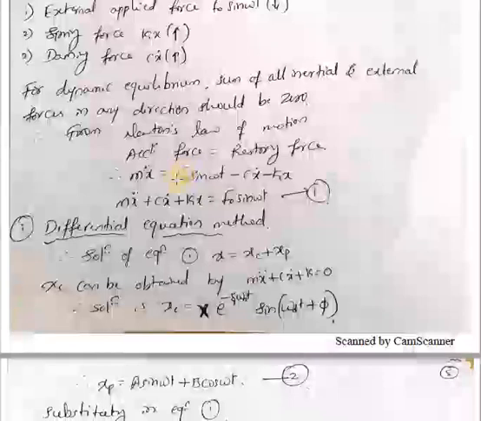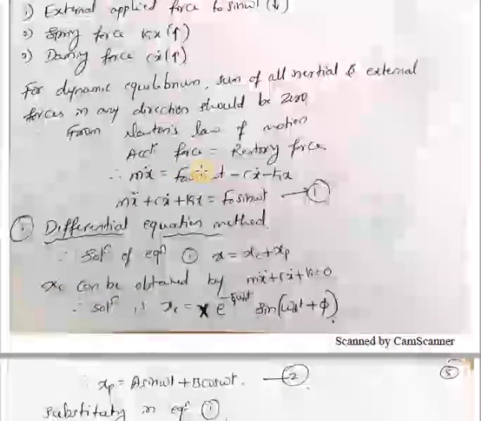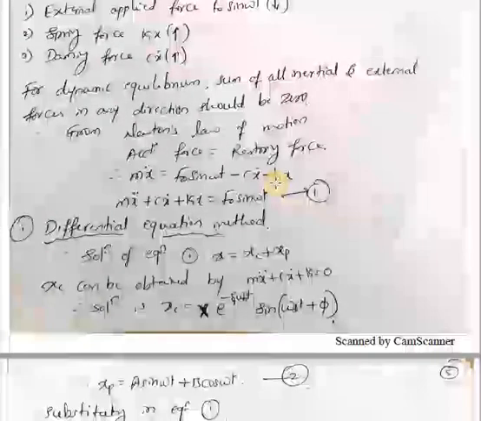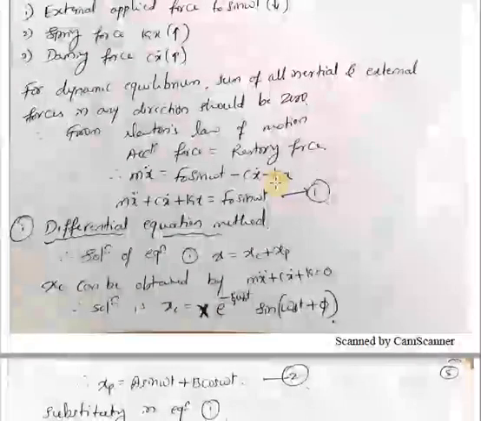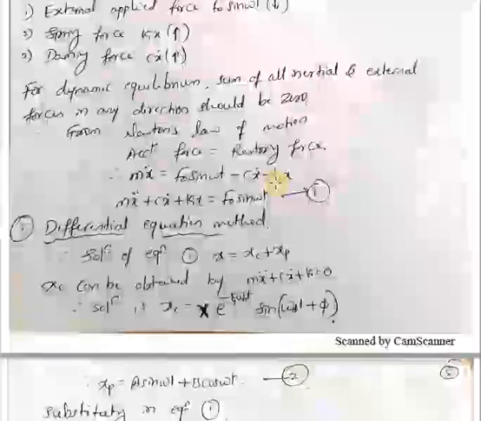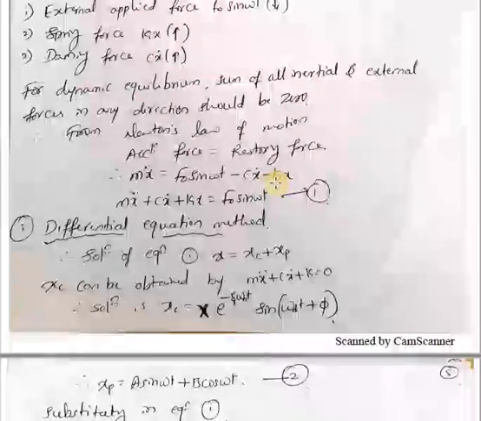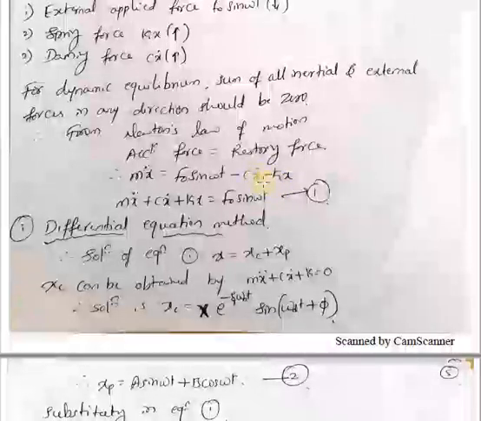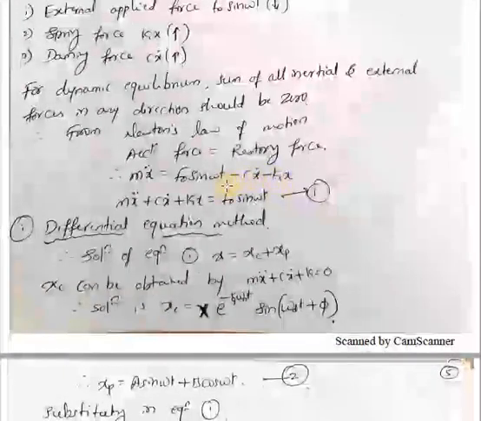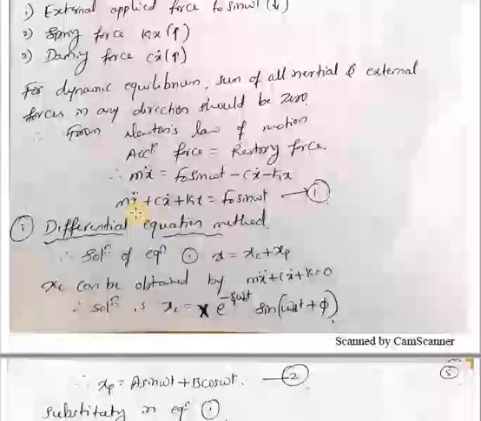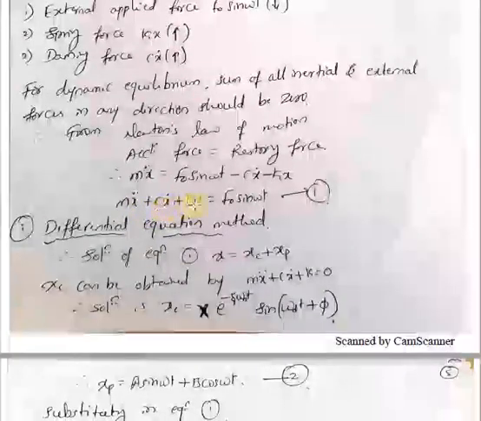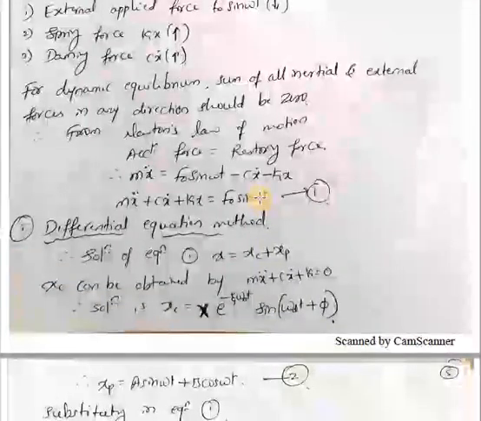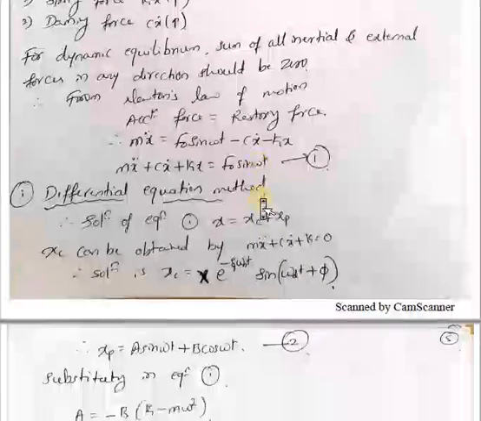Hence I am taking this term with a positive sign. The damping force and spring force are acting in upward direction, which means they are acting in the opposite direction of the displacement, because the displacement of the body is occurring in downward direction. So I am taking these two terms with the negative sign. If you simplify this to the standard format, that is mx double dot plus cx dot plus kx equal to f naught into sine of omega t. We will call this the first equation.